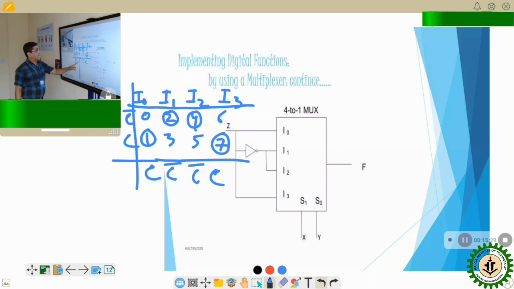That means the four data inputs I0, I1, I2, I3 will be connected as follows.